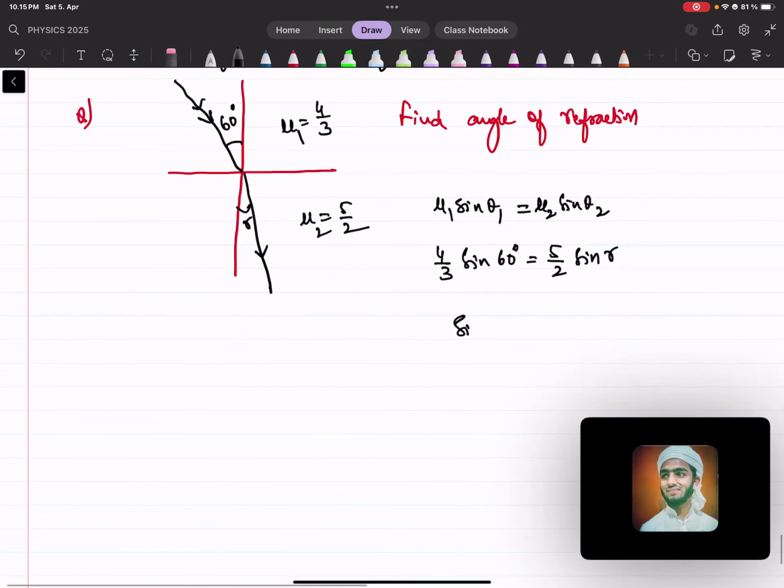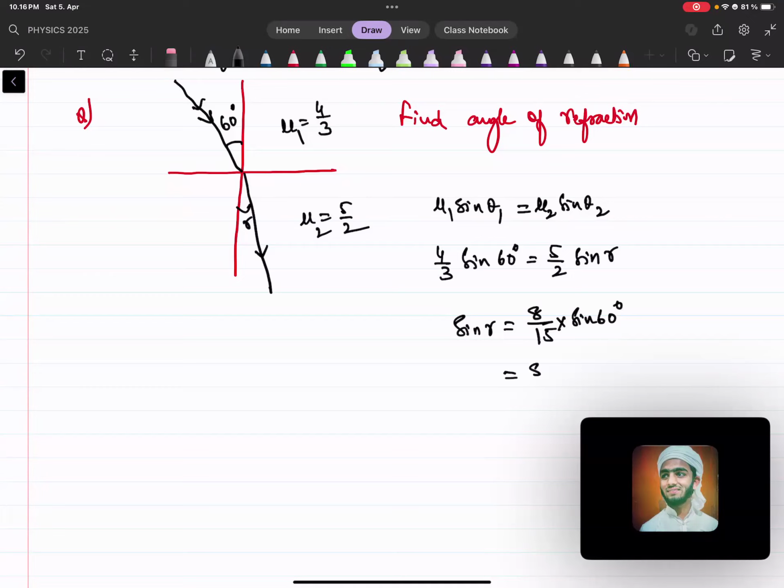So from this I can write, sine r is equal to how much, beta? This 2 will go here. 4 twos are 8, divided by 5 threes are 15, into sine of 60 degrees.